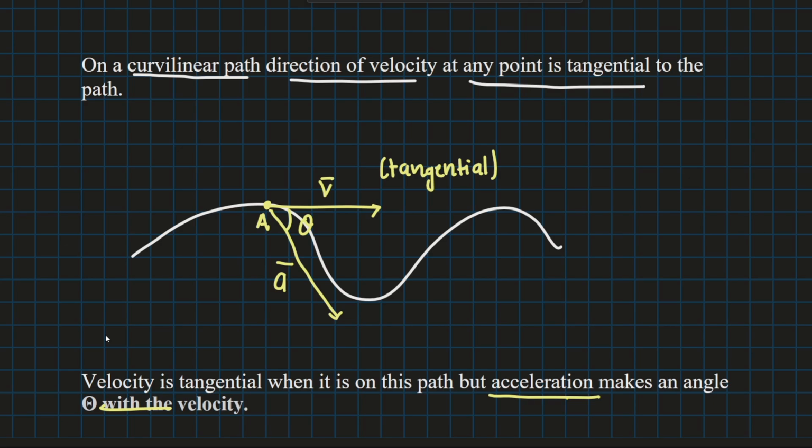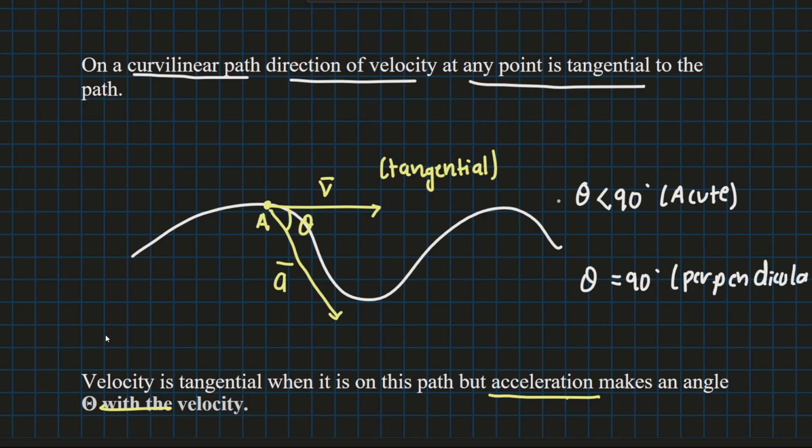Now the angle theta over here, if it is less than 90, or you could say it is acute, or when theta is equal to 90, you could say it's perpendicular, or you could say theta is greater than 90, or you could say it's obtuse. We need to keep in mind speed.